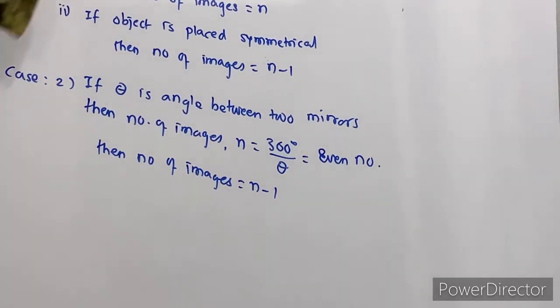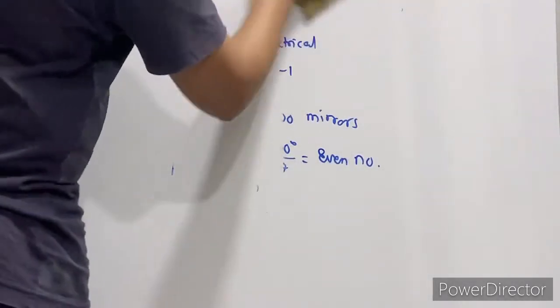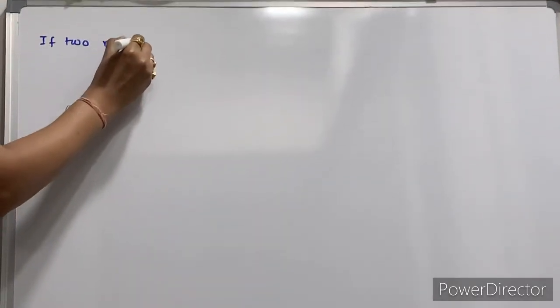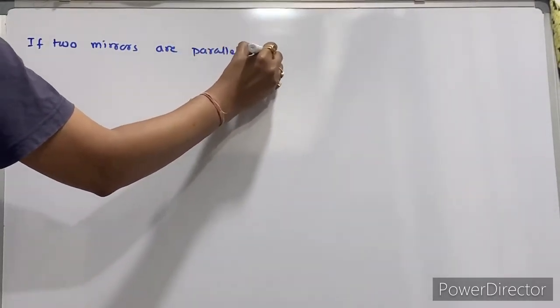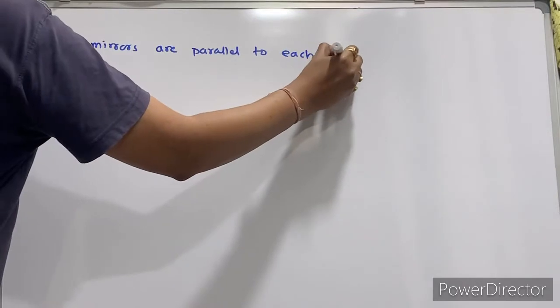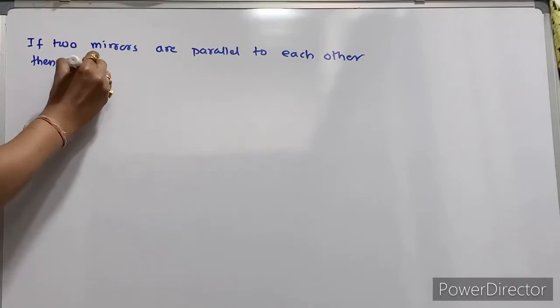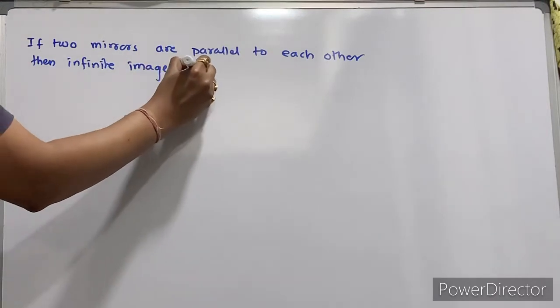Now we'll go with the actual two diagrams. What are the two important diagrams? When two mirrors are parallel and when two mirrors are placed perpendicular to each other. Check the first part. If two mirrors are parallel to each other, then infinite images are formed.